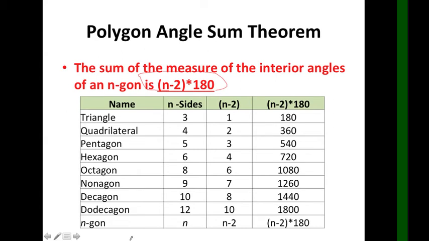Say we have 60 sides. You can solve the interior angle by substituting 60 for n. So 60 minus 2 is 58 times 180. Your answer will be the total degree measurement of the interior angles inside the 60-sided polygon.